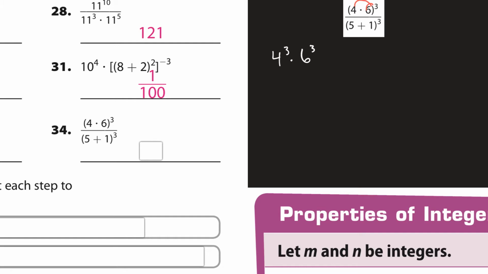The reason I'm looking at that is because I see that 5 plus 1 is 6, and that's going to cancel with this. So that would be over 6 to the third. The reason I'm placing it to the right there is because those will just cancel each other out. That's a done deal. And then you're looking at 4 to the third power, which is 4 times 4, 16 times 4, which is 64. And we should be looking at 64 for this one.